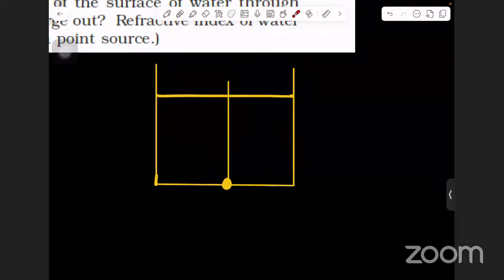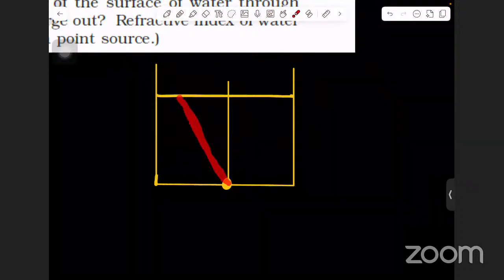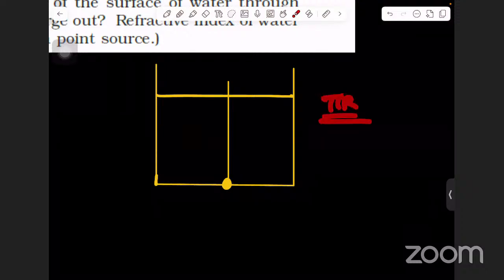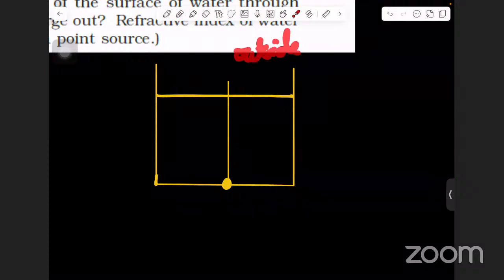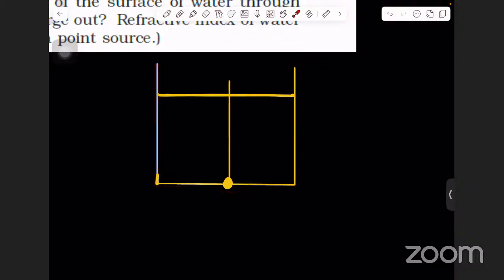But at some critical angle, if that ray, this angle increases, and it falls at some critical angle, then the angle of refraction will be 90 degrees at that particular angle. And after that, any greater angle than that, it will suffer total internal reflection. All right, TIR or total internal reflection. So, for any observer from the outside of this liquid box, the rays will only come out.